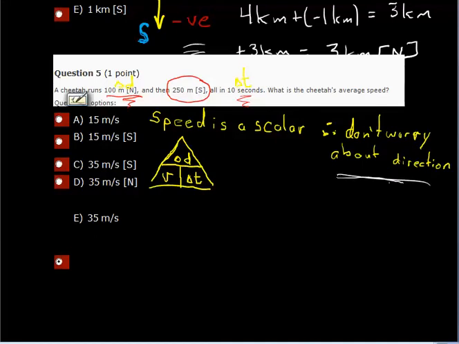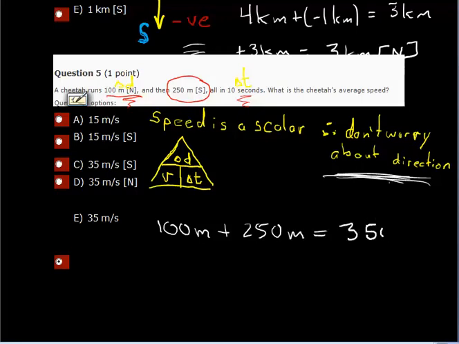So in this case, all you have to do is sum up the distance traveled. So that's going to be 100 meters plus 250 meters for a total distance of 350 meters.